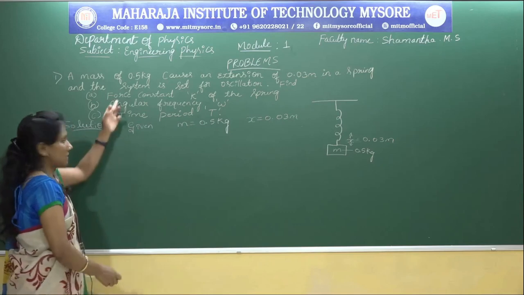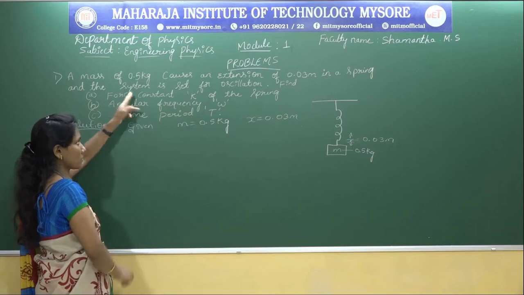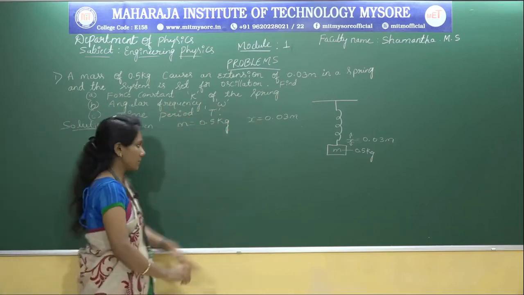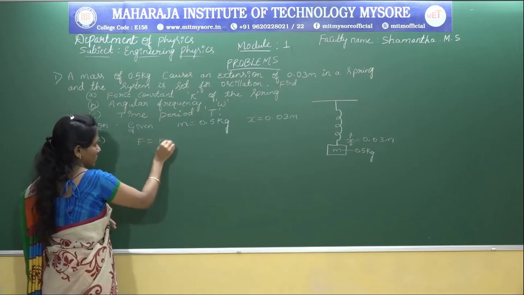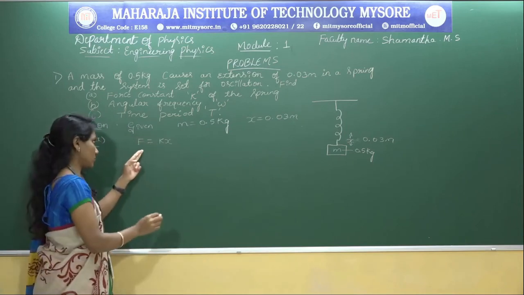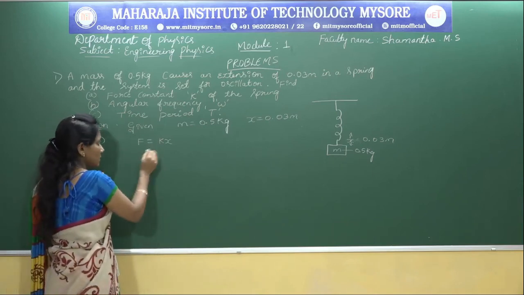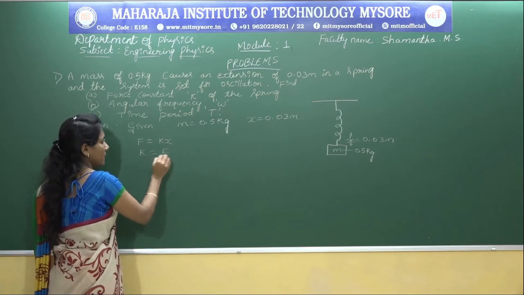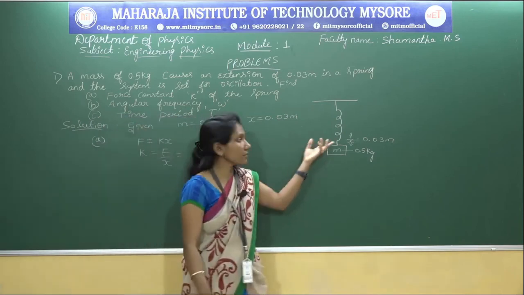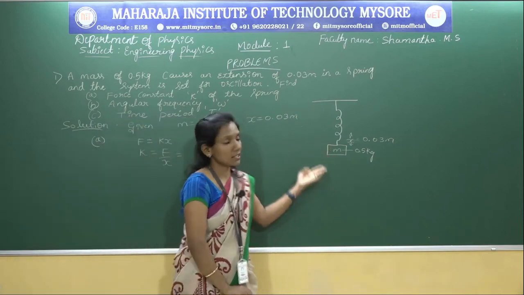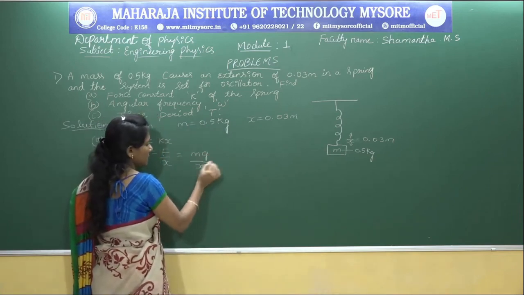First, let's calculate the force constant K of the spring. From Hooke's law, F is equal to Kx, so K is equal to F by x. When the mass is acted on by the acceleration due to gravity, F is equal to mg, so K is equal to mg by x.